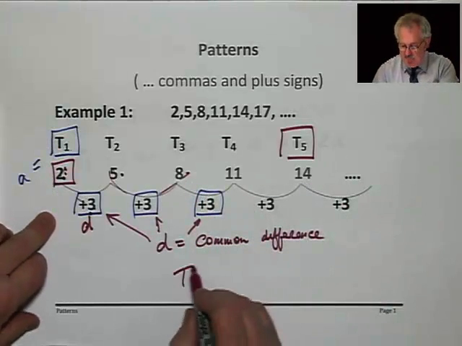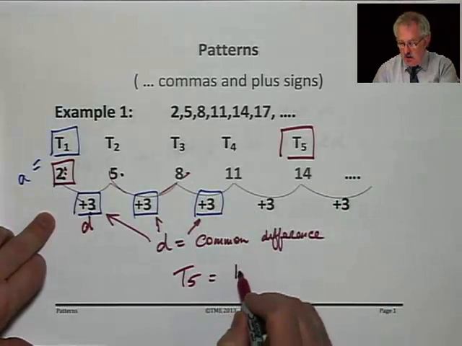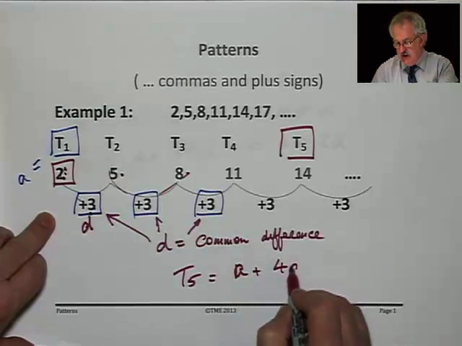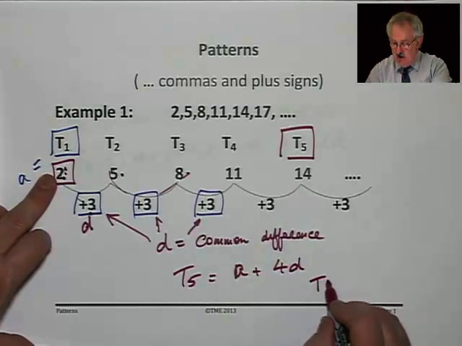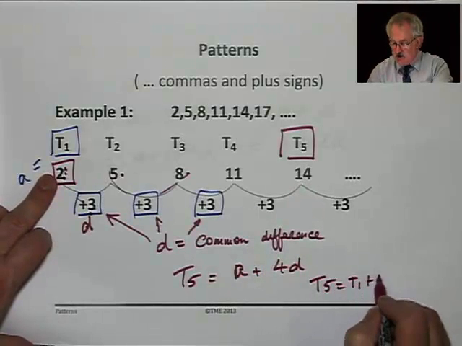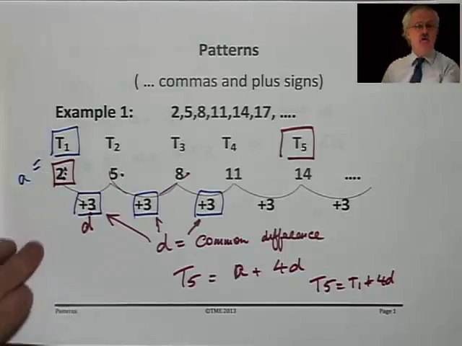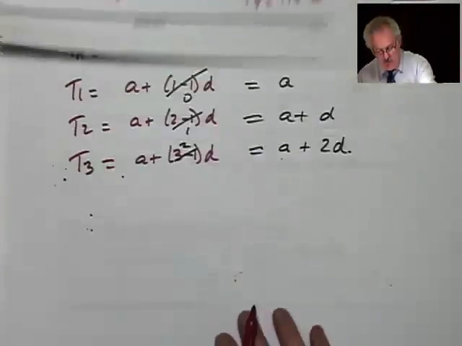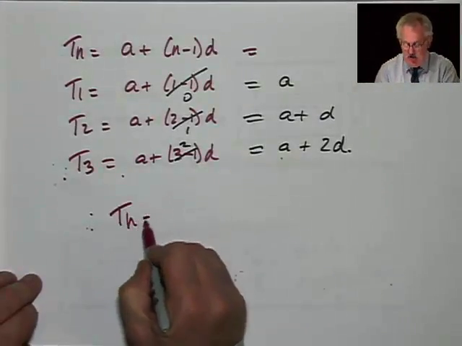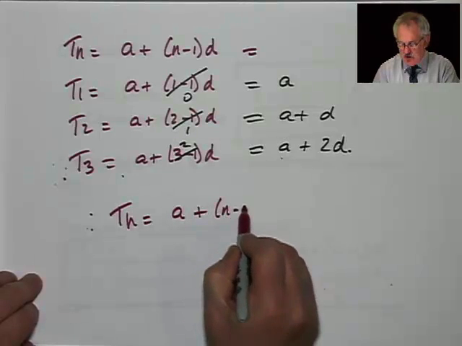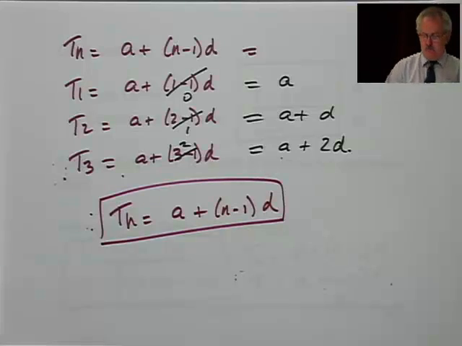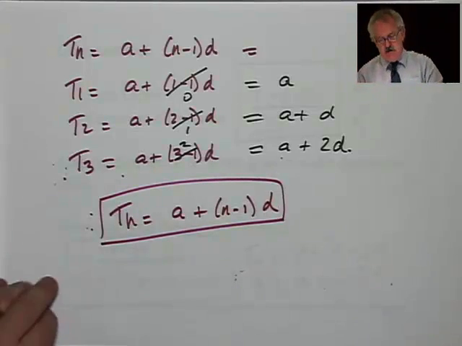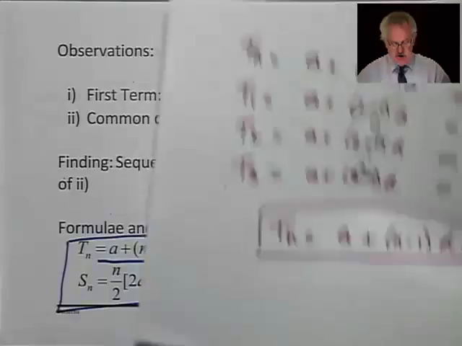So T5 would be A plus 4d. Because you started at term 1 and you went 4 loops to get forward. Or T5 is T1 plus 4d. So in general, this formula, Tn equals A plus n minus 1 d, seems to make sense and seems to work. And that's a formula. It's in the tables. You don't have to remember it.